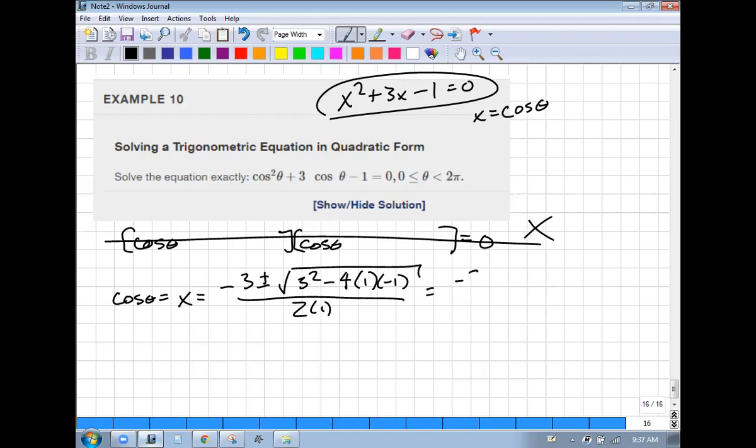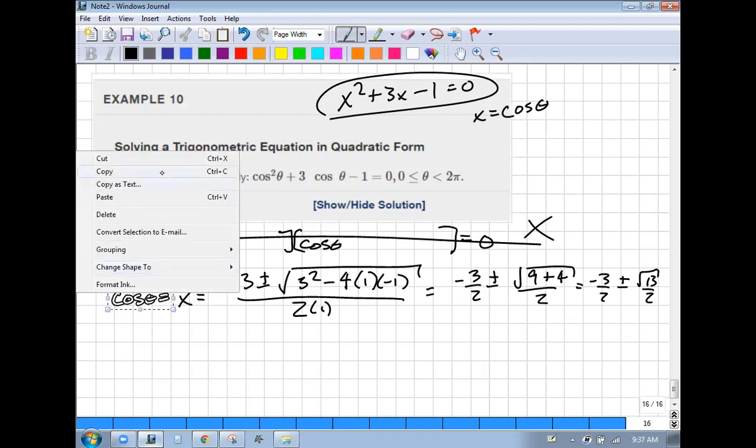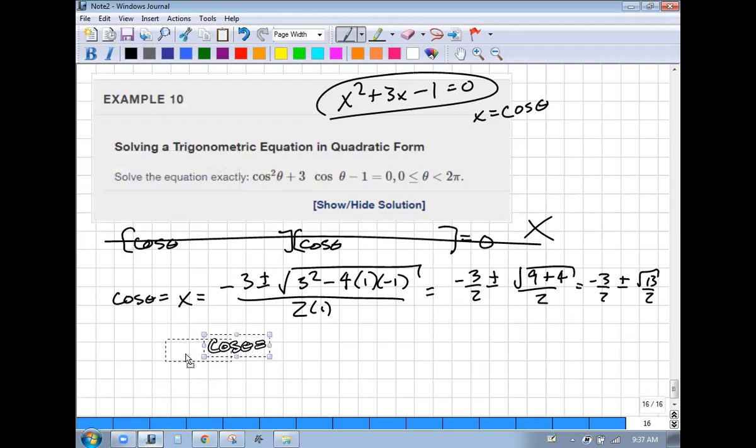Which would be negative 3/2 plus or minus the square root of 9 plus 4 over 2, or negative 3/2 plus or minus the square root of 13 over 2. So what I have here is cosine theta. I solved for x, but x is cosine theta is equal to this pile of stuff. So I solved not for theta, but for cosine theta.